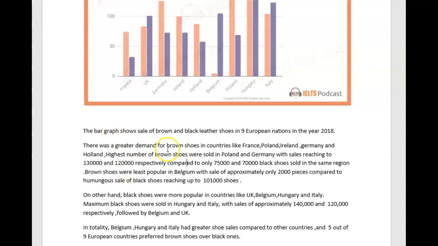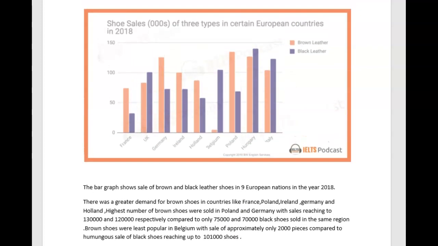You started talking about brown leather shoes, and you were talking about brown leather shoes, and then all of a sudden you made this comparison here about black leather shoes in Poland and Germany, and then you did the same thing with Belgium. So what ends up happening is it seems like there's not really a logical organization to your ideas. What you need to do in a task like this is just really make it cleanly organized.